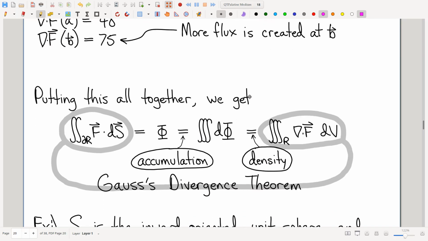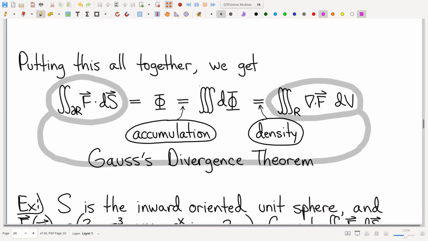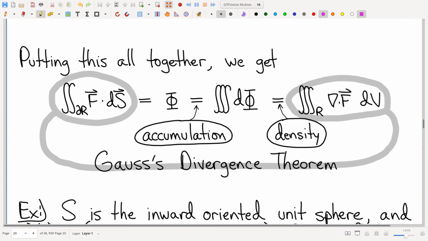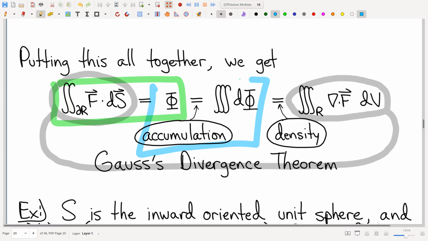Let's just put it all together real quick, just to get a win. We've got this quantity called flux. We argued that it accumulates. I should clarify: when I say flux in this context, I mean boundary flux.